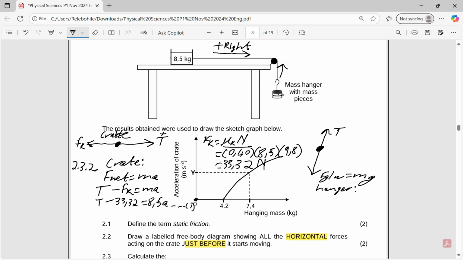So if this one is pulling this one, that means this one should be moving this way, and the other goes in the opposite direction. So the tension here will be negative. This one, since it is moving in the direction of motion, will be positive, our Fg.